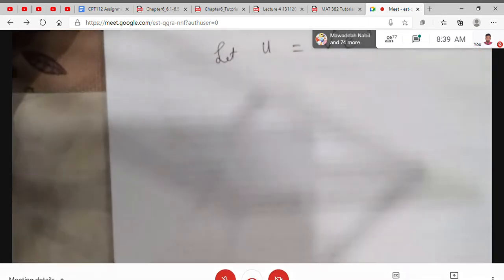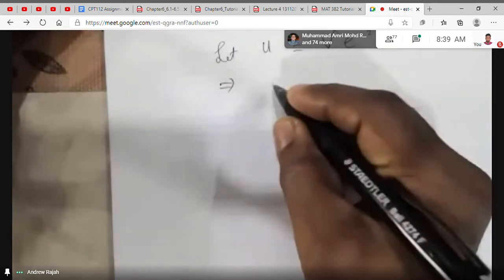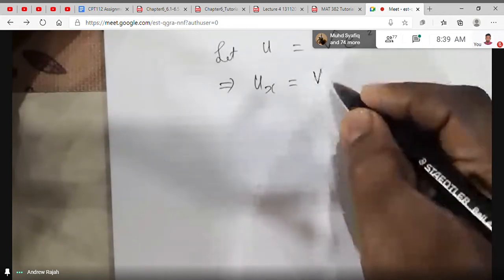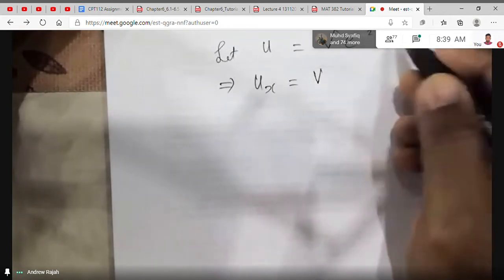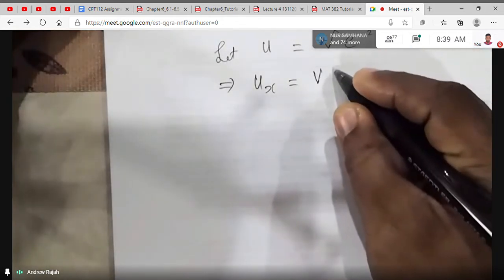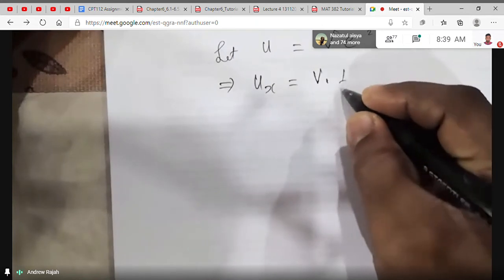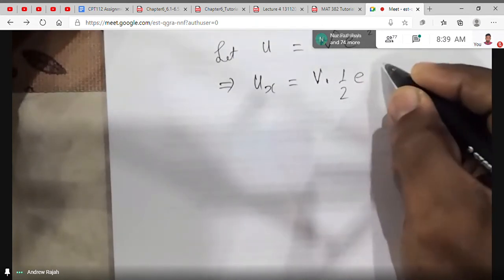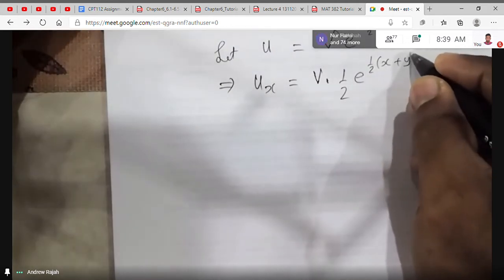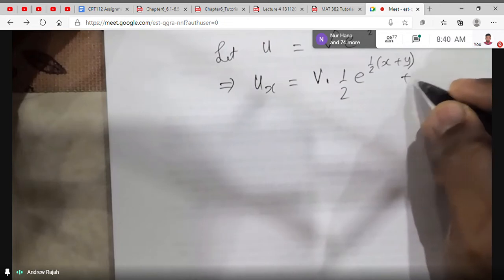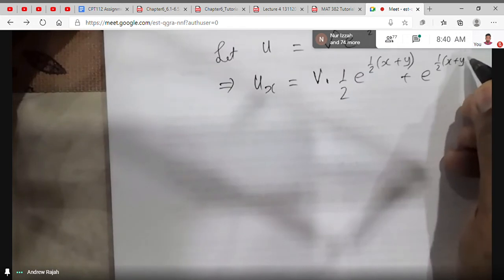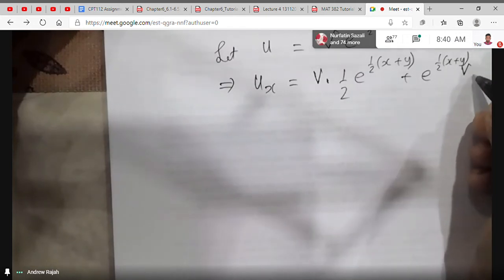Okay, so ux equals to v differentiate with respect to x is times by half e to the power of half x plus y plus e to the power of half x plus y vx.